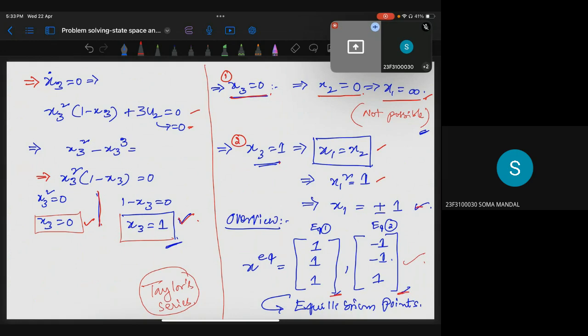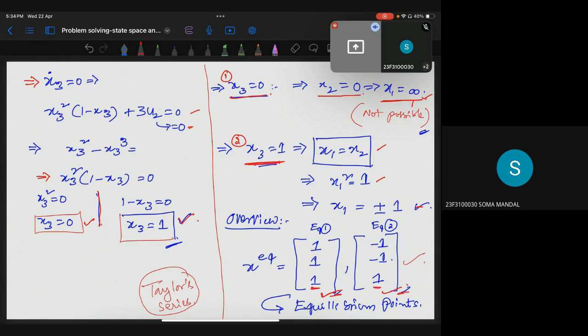Okay, now if you sum up all the things, you have two cases, so you'll get two sets of values. Here, since x1 is infinity, we are not considering that. So we are considering only the other case, x3 is equal to 1.